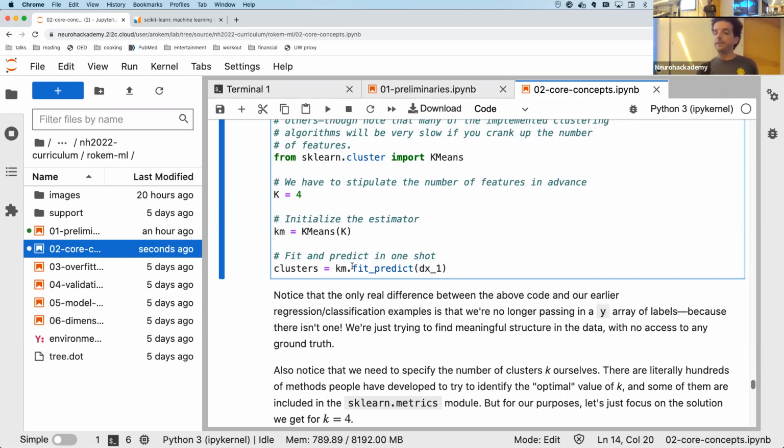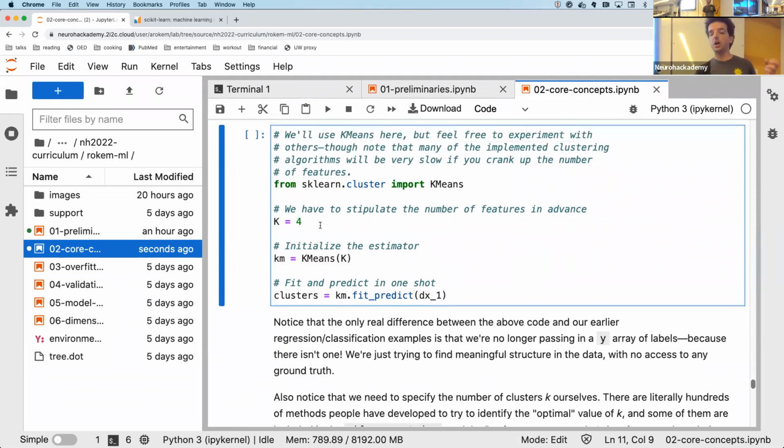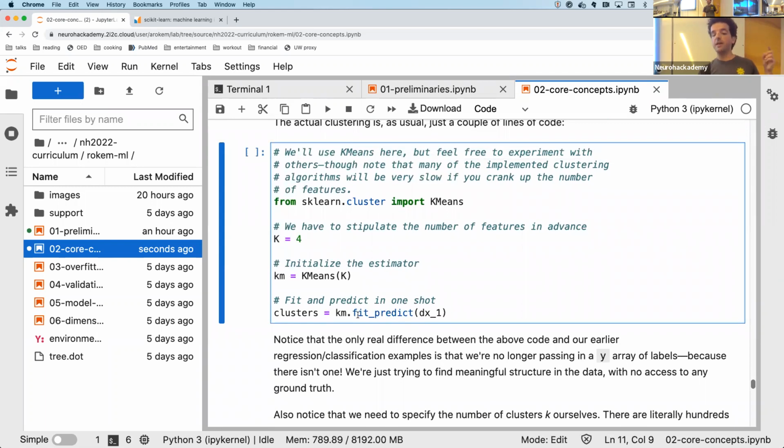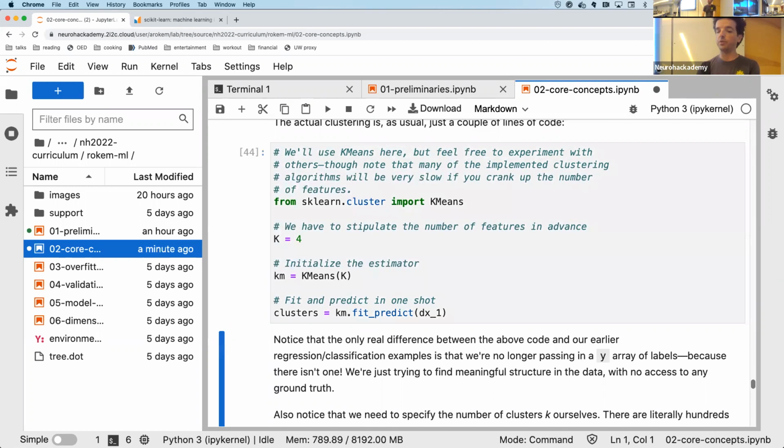There's a fit method here. This k-means algorithm does have a fit method that we could apply, but it also has a fit_predict method that does both of those things in one shot, because often that's what you want to do. You want to fit and then immediately predict. So why do that in 2 lines when you can do it in 1 line of code?